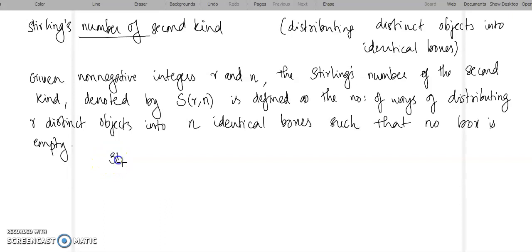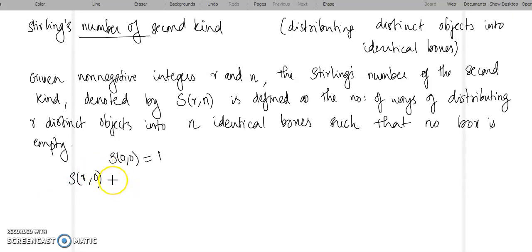Okay, so S of 0, 0 is defined to be equal to 1, if the number of boxes and the number of objects is the same. If we have 0 boxes and 0 objects, the distribution can occur only in a single way. And S of r, 0 is the number of ways of distributing r objects to 0 boxes.